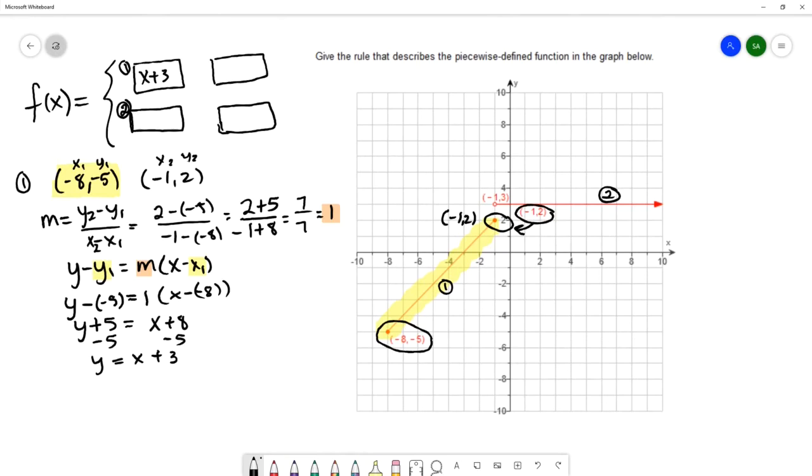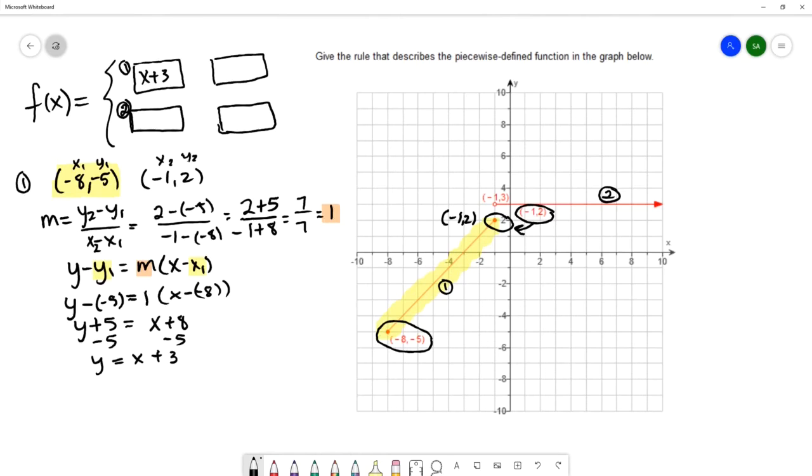Now, you guys know that a line is never ending, so the equation y equals x plus 3 is actually the full line that I've just drawn. We only want a piece of that line. And that's where the second part comes into play with the conditions. We only want to use a piece of this line.